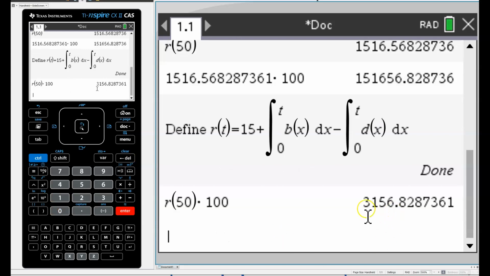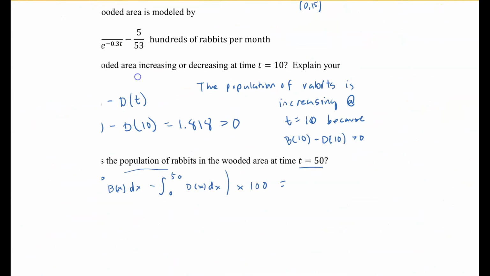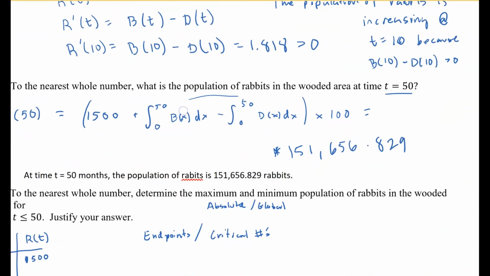Okay, so we get 3,156.828. Okay, so that was a tricky one. I even told you guys, I said, hey, watch out for this curveball.